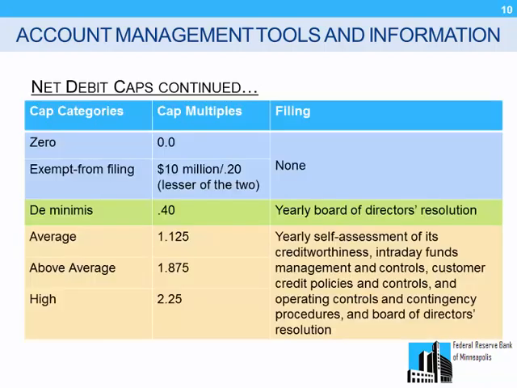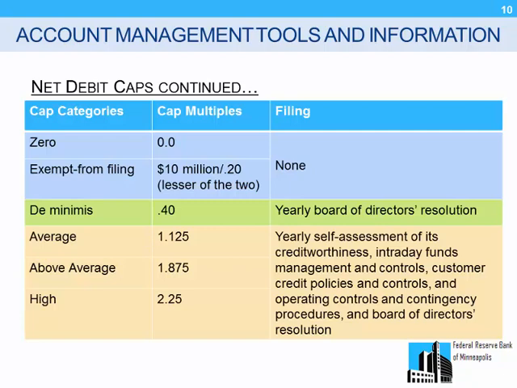So slide 10 lists the different cap categories that there are, going from the most restrictive to the greatest. Obviously, there is the zero cap, where an institution is not allowed to use any intraday credit.